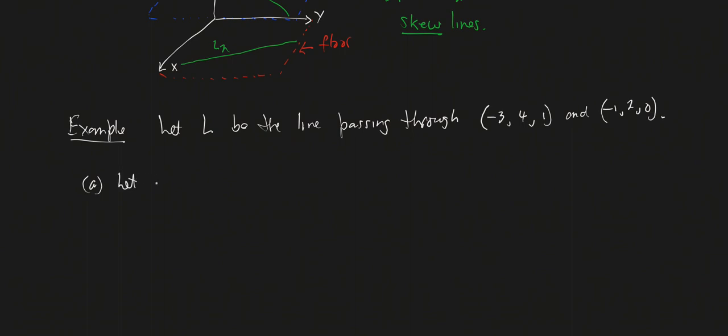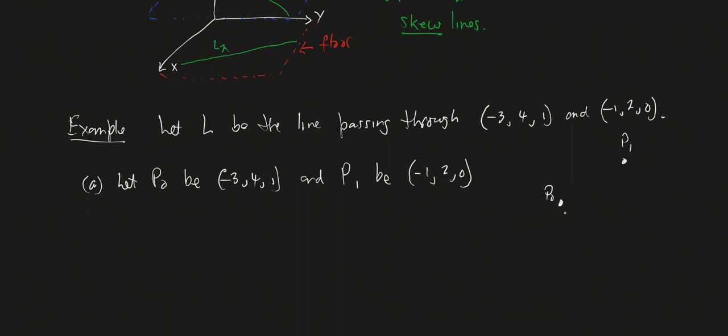So let P0 be (-3, 4, 1), and then I'll call the other point P1, and let P1 be (-1, 2, 0), right? So we have the 2 points.